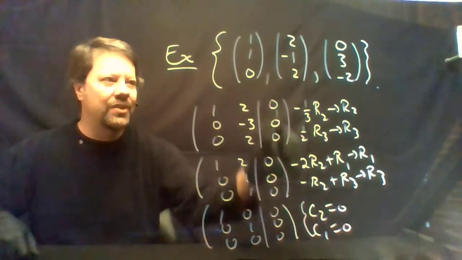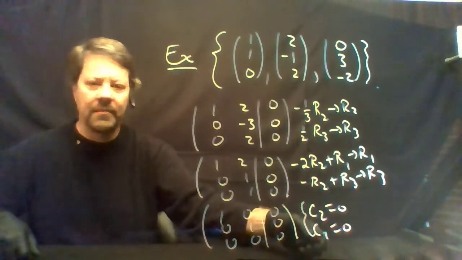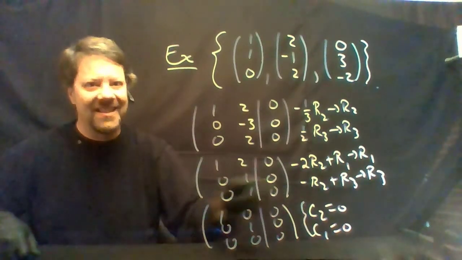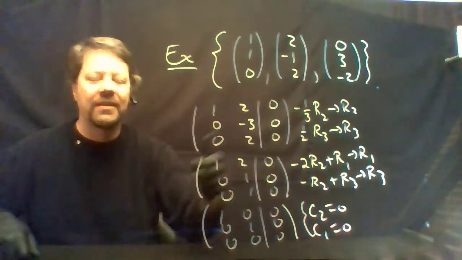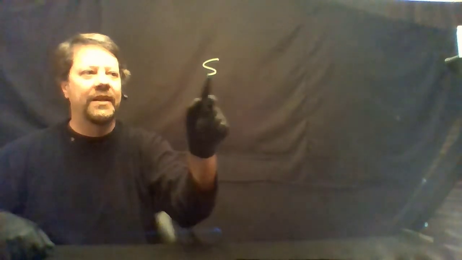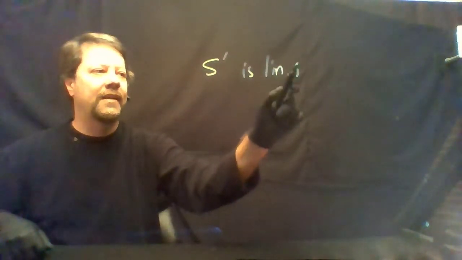The only solution where I have a linear combination equal to the 0 vector is the trivial one, where the coefficients are 0. This is exactly the situation where we say that these vectors, the first two, are linearly independent. We conclude that S prime is linearly independent.